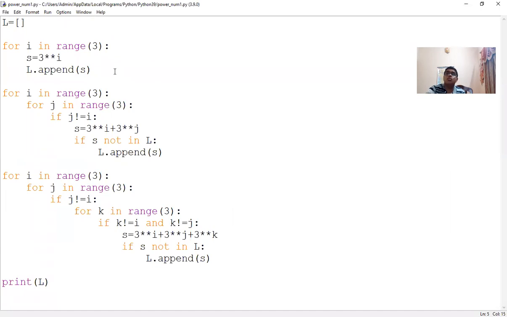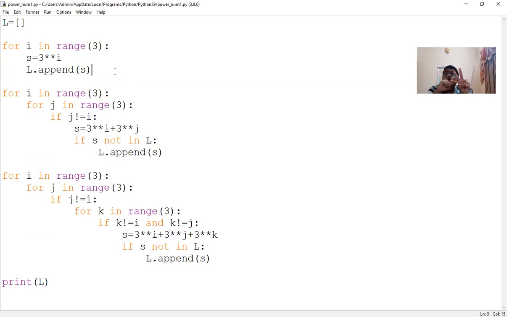I've created a for loop for each I in 0, 1, 2. For each I, it adds the numbers 3 power 0, 3 power 1, and 3 power 2, which are respectively 1, 3, and 9.